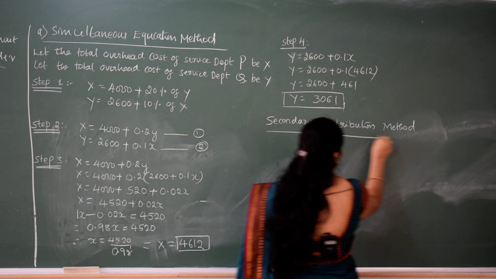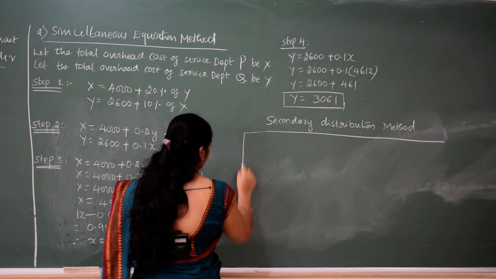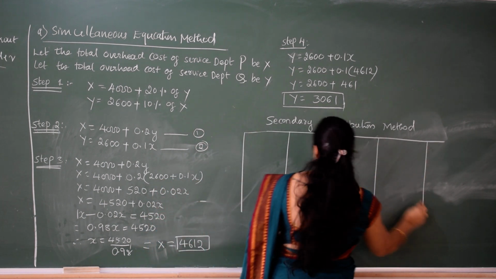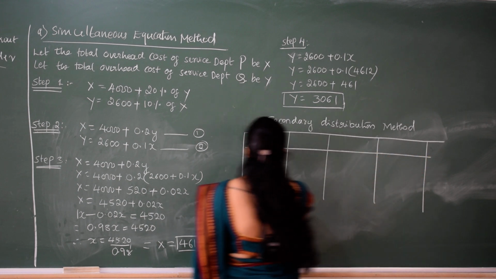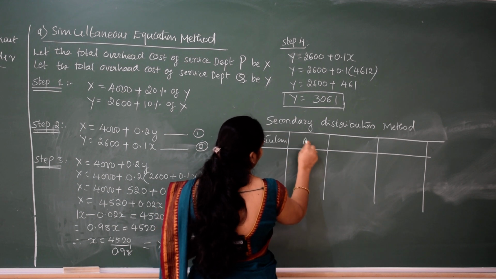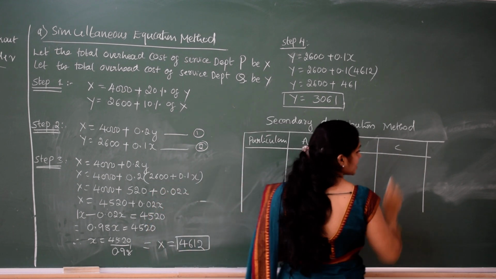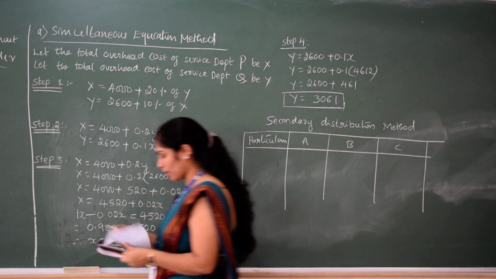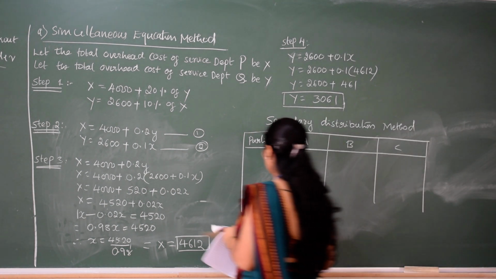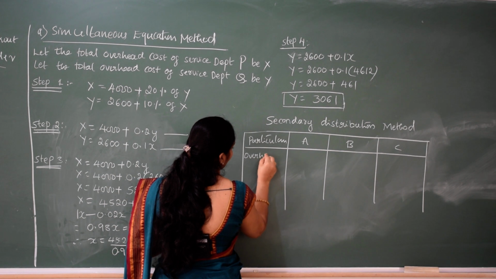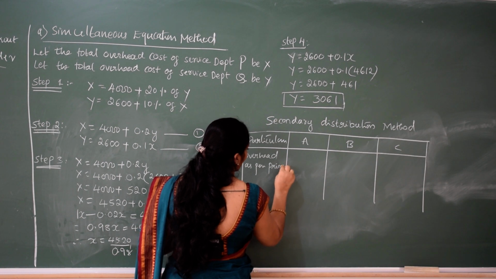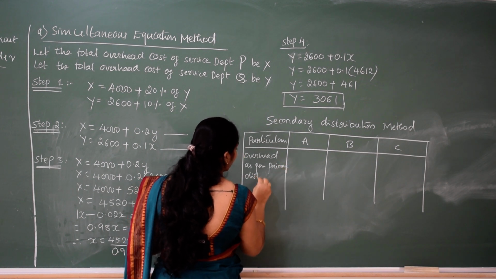Here the first column is particulars, then production departments A, B and C. So there are three production departments. We have to reapportion the values. Here, overhead as per primary distribution.